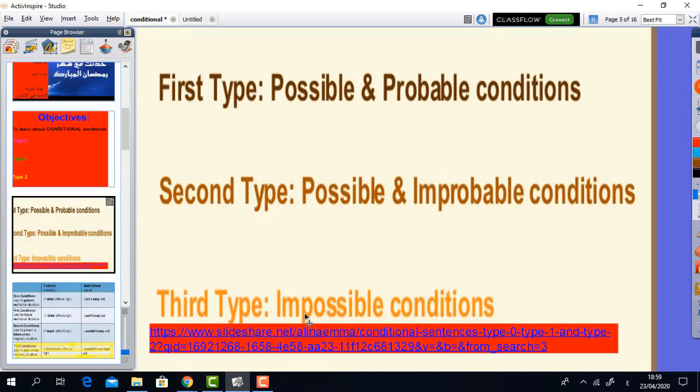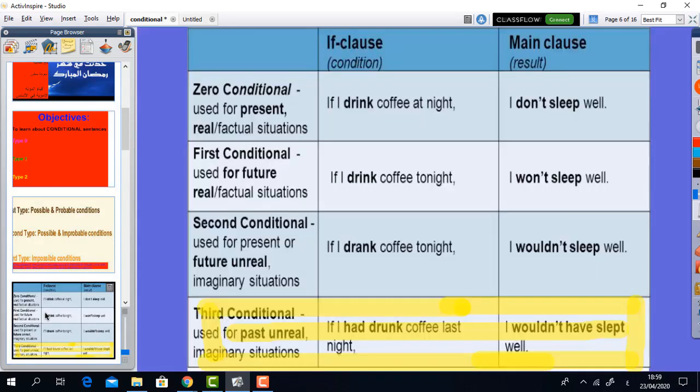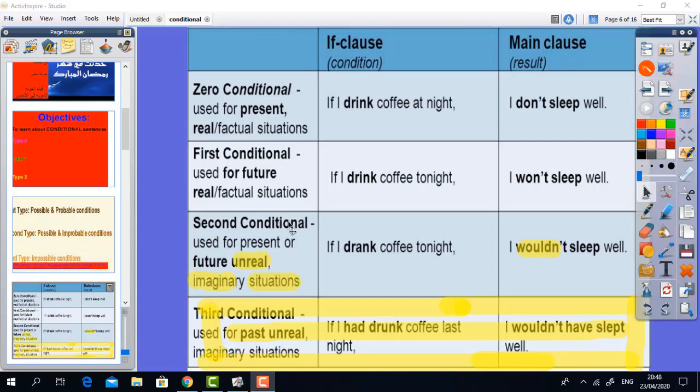We are using the same source as last time, slideshare.net, and let's have a look at zero conditional or conditional type 0, first conditional or conditional type 1, and second conditional or conditional type 2.